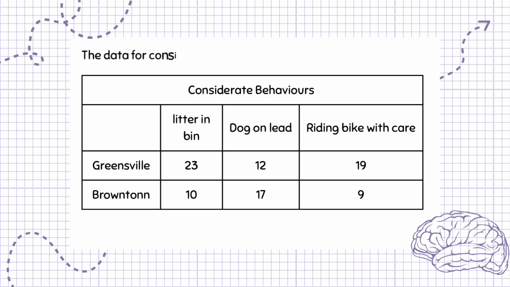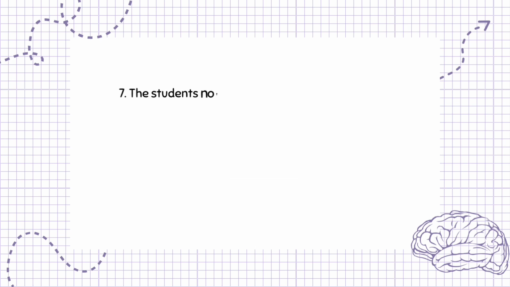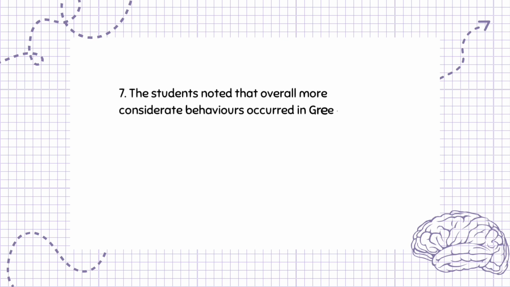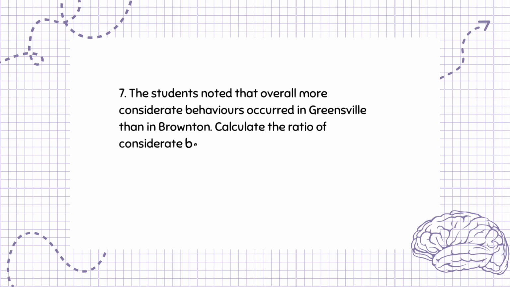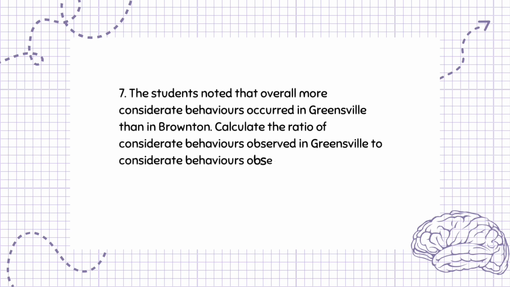The data for considerate behaviors is shown in Table 1. Question 7. The students noted that overall more considerate behaviors occurred in Greensville than in Brownton. Calculate the ratio of considerate behaviors observed in Greensville to considerate behaviors observed in Brownton.